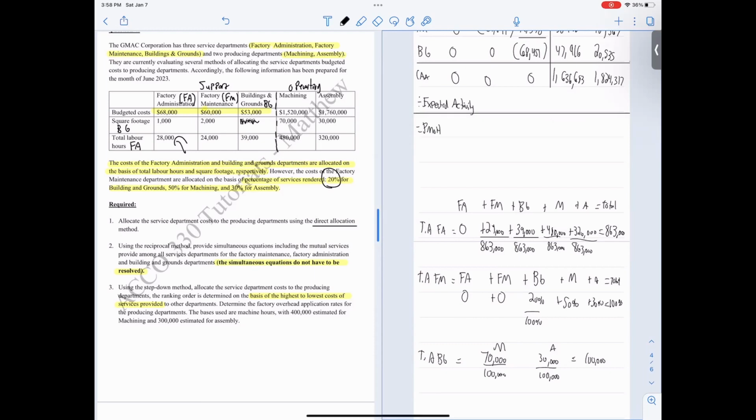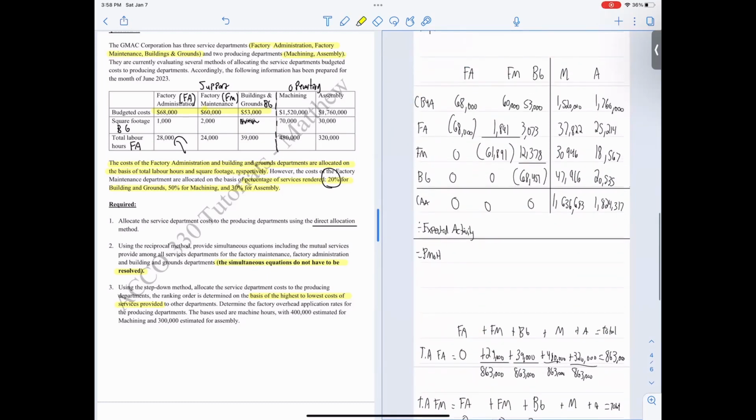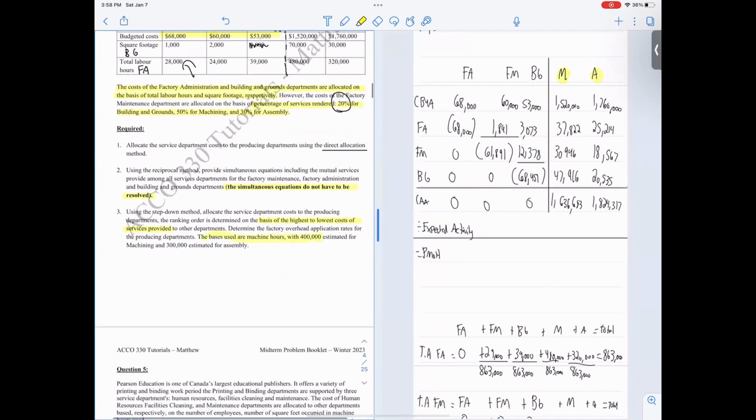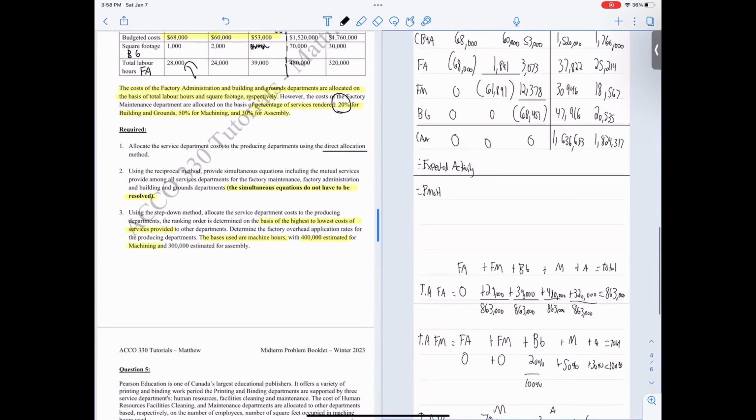Now for your expected activity, you have to see what the cost driver is. What's the activity basis for the two operating departments? How does machining incur cost? How does assembly incur cost? We see here the overhead rates are based on machine hours, and they're given to you. The machining department uses 400,000 machine hours. So our overhead rate for machining is 1,636,683 divided by 400,000, which gives us 4.09.